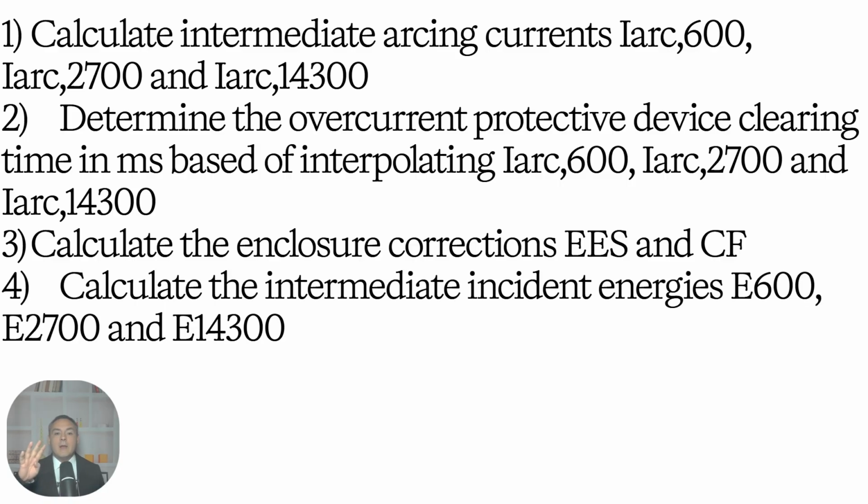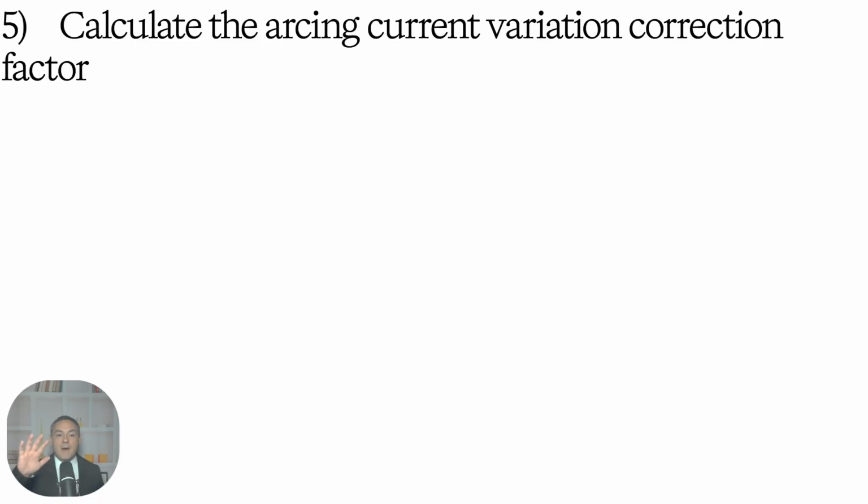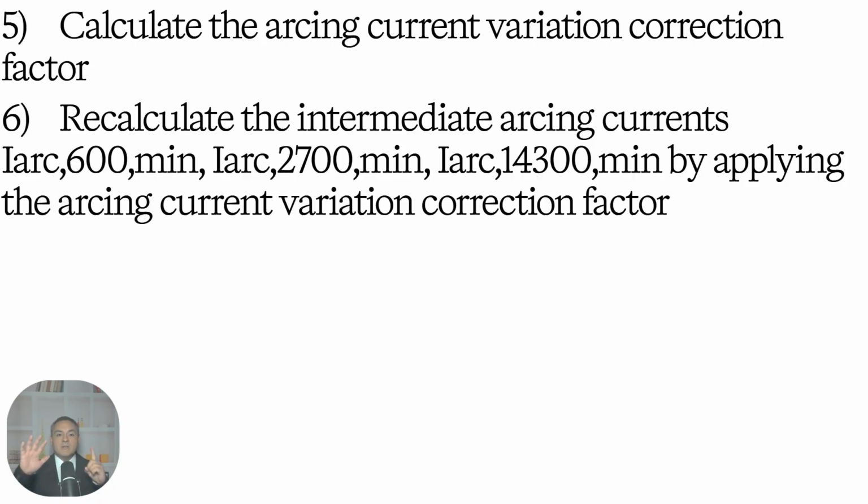Number 4, calculate the intermediate incident energies E600, E2700, and E14300. Number 5, calculate the arcing current variation correction factor. Number 6, recalculate the intermediate arcing currents at IARC 600 min, IARC 2700 min, and IARC 14,300 min by applying the arcing current variation correction factor.